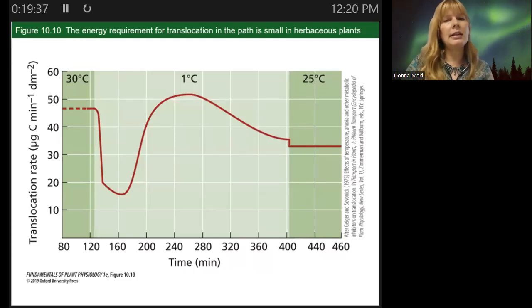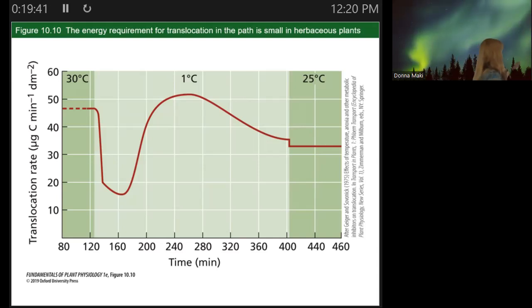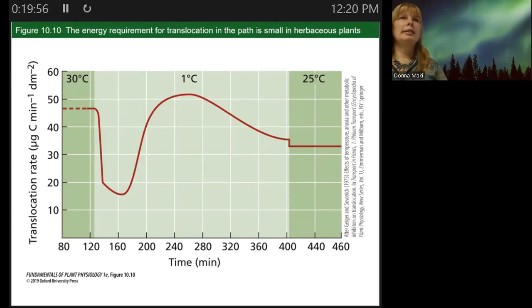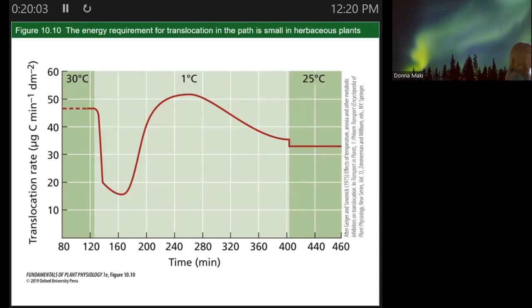So what they did here is they took a plant sitting at slightly elevated room temp, and then they were measuring the phloem translocation. Then they cooled down the plant quite dramatically. And when you do that, ATP production gets way slowed down. You can see there's a slight bump or decrease. Basically this is the plant going, yeah, it's cold.